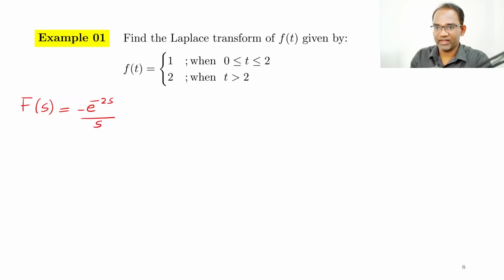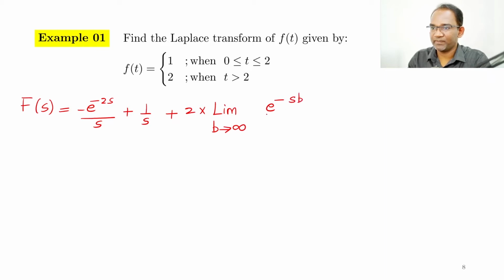That is the first term, and the second term is 1 by s. This is the first term in the previous equation after applying the limits. Now the second term in the previous equation becomes 2 times the limit as b tends to infinity of e raised to minus sb over s, then the second term will be e raised to minus 2s over s.